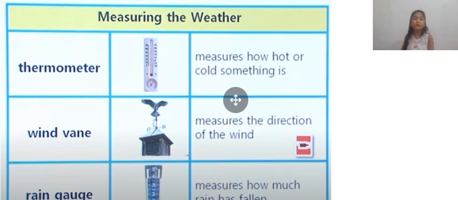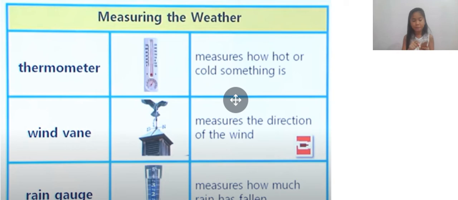Let me show you my thermometer. It's in my bedroom. There are more in my living room, my kitchen, my bathroom, many places. So let me show you. Here I have a thermometer made out of wood.